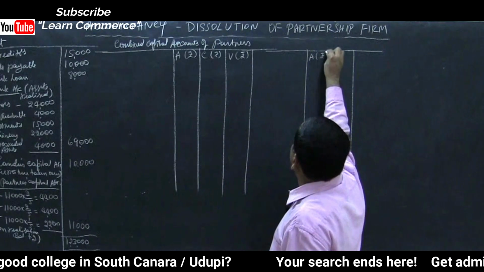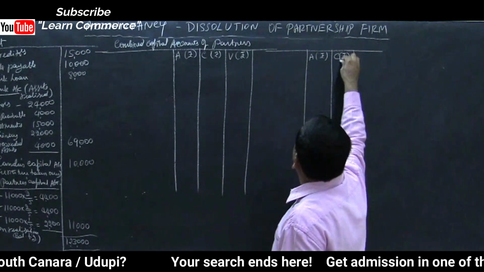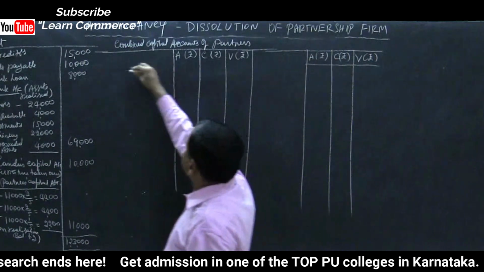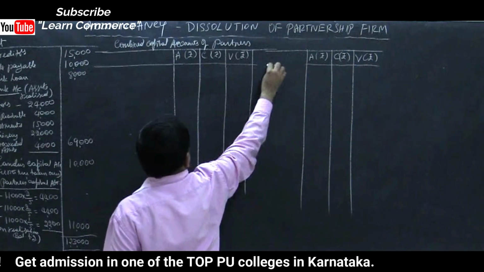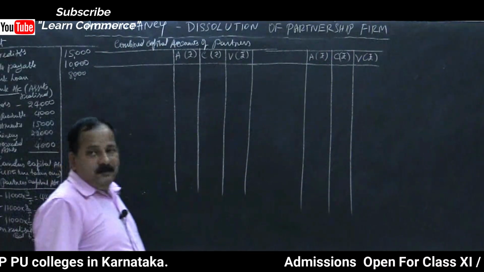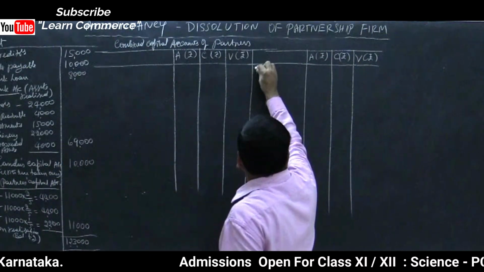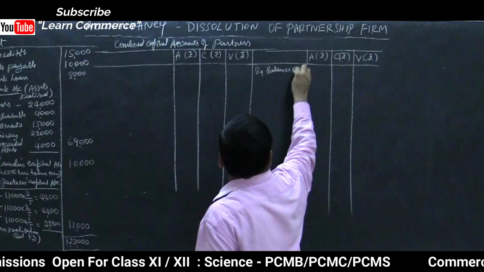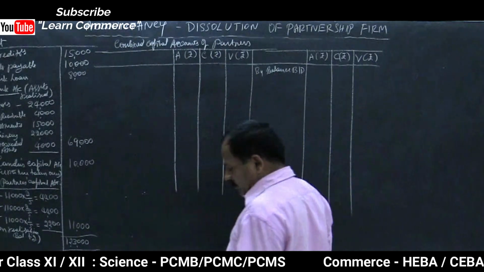Yes, write the column headings. Start with the opening balance: by balance brought down. Write the amount, how much it is?